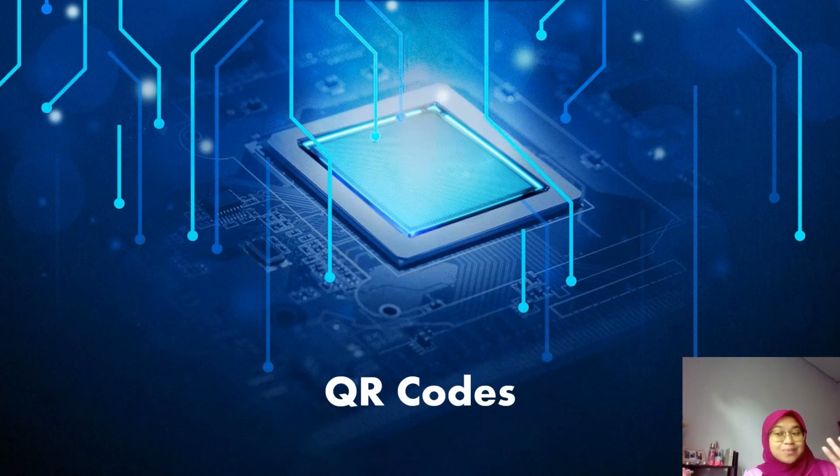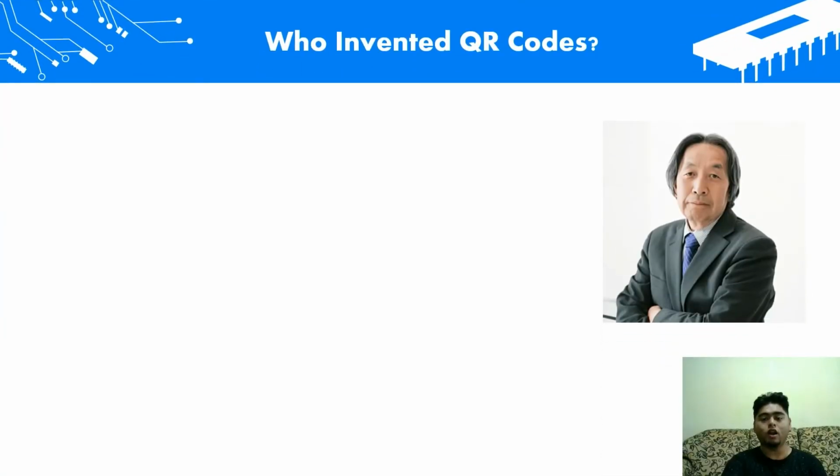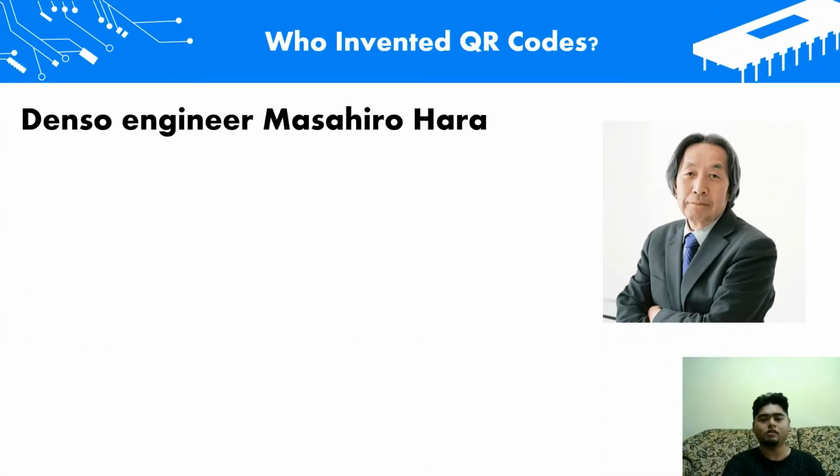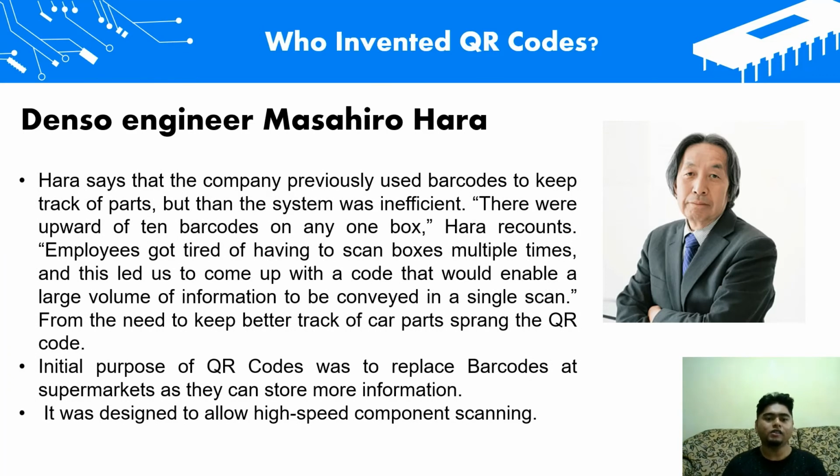The fourth objective is we will learn QR codes in detail. Denso engineer Masahiro Hara invented QR codes. Hara says that the company previously used barcodes to keep track of parts, but then the system was inefficient. There were upward of 10 barcodes on one box.